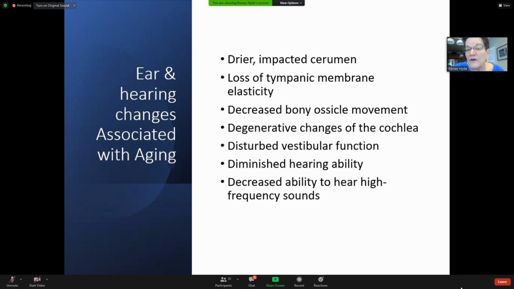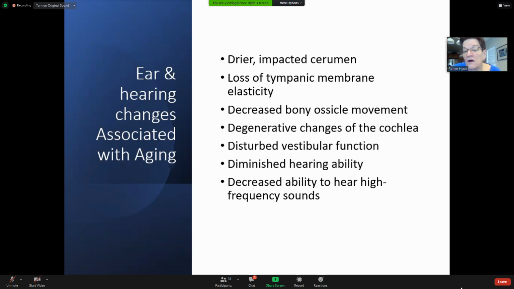There are also degenerative changes in the cochlea, which are going to affect our balance because it causes disturbed vestibular function. As we age, we have diminished hearing ability.